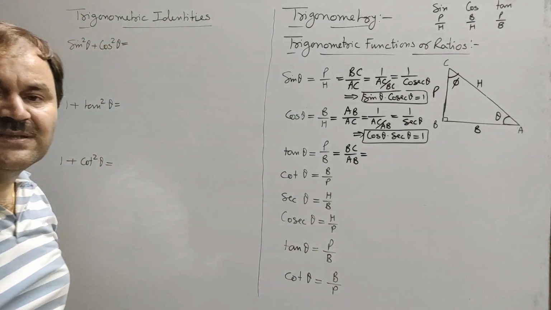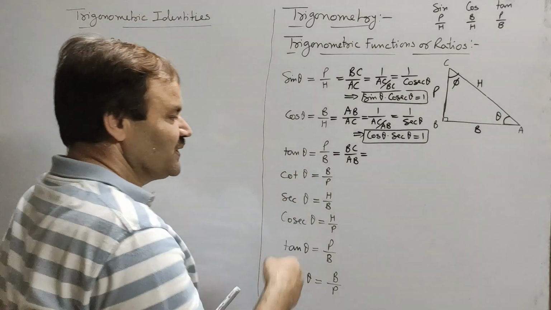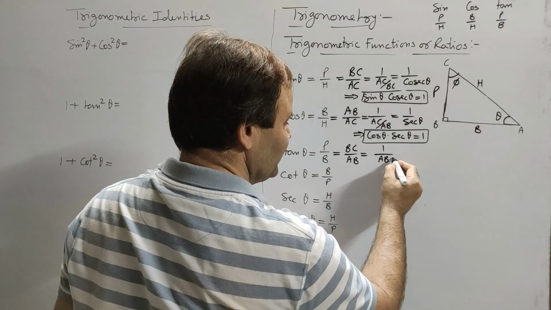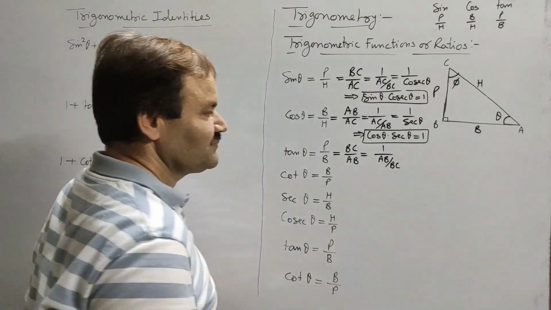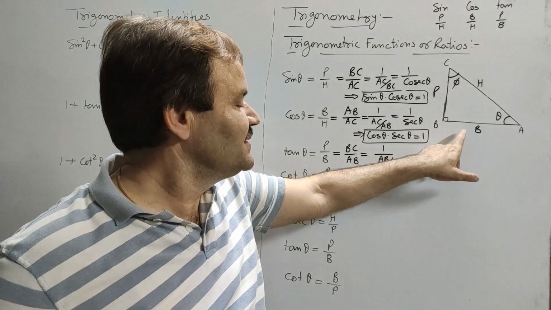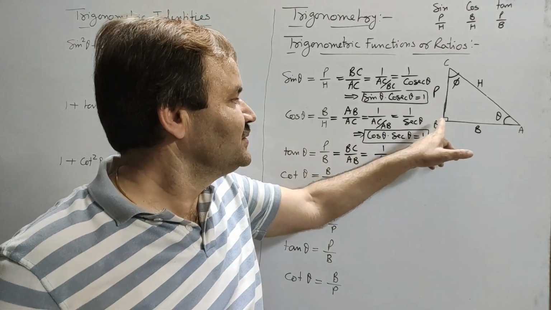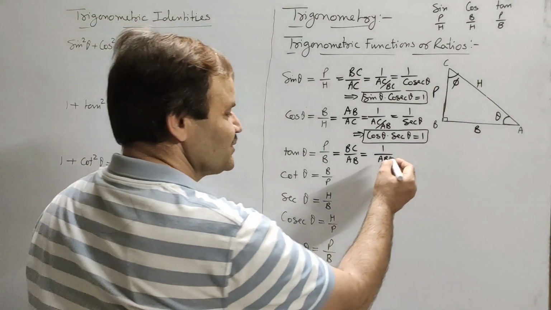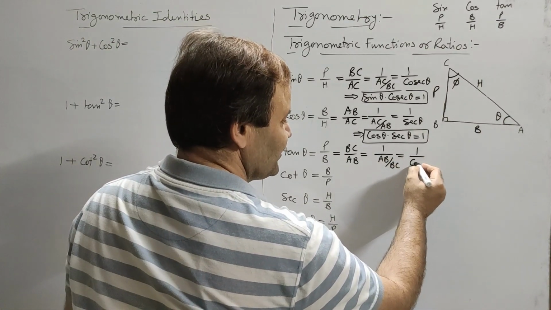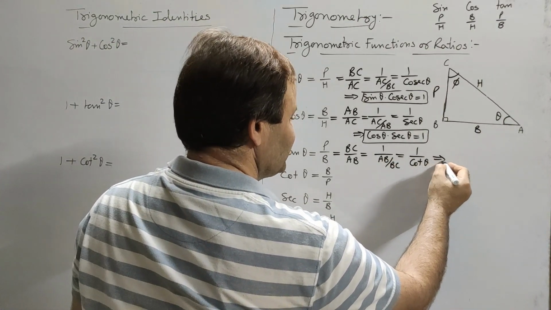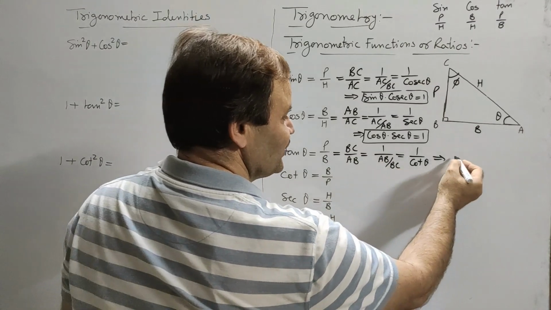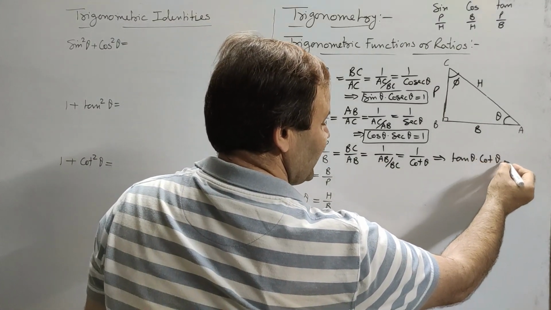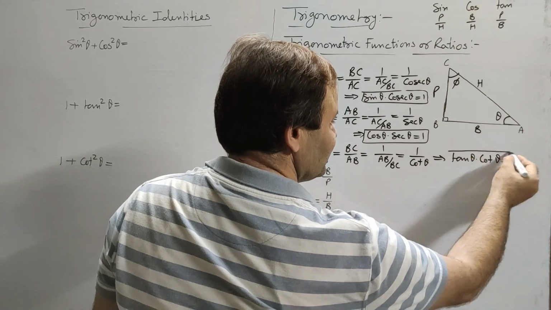If we divide numerator and denominator both by BC, then it will become 1 upon AB upon BC, and AB is base upon perpendicular, and base upon perpendicular is cot theta, so it will become 1 upon cot theta, and this implies tan theta into cot theta is always 1. It means both are reciprocal of each other.